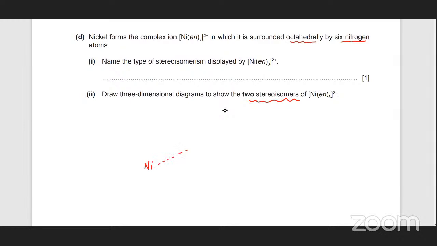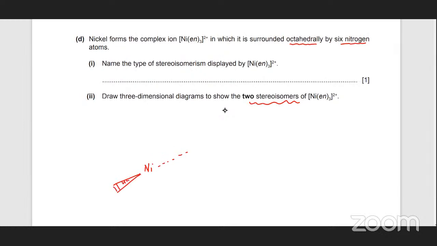Now, octahedral would be that it's going to be surrounded by 6 nitrogen atoms. The question is stating that already. Okay, and there's going to be one bond on top and one bond at the bottom. That's the first thing. What is en?